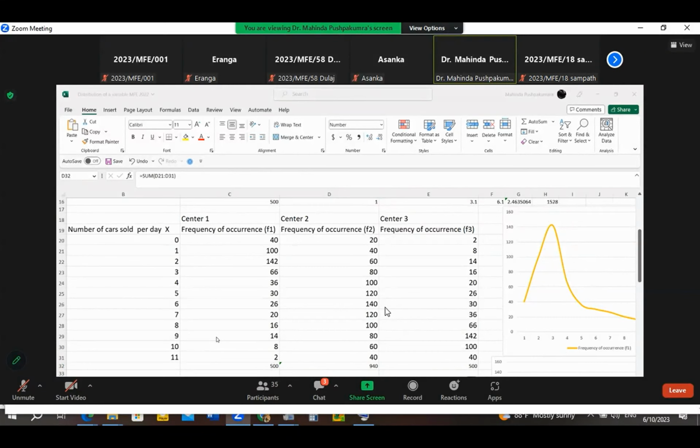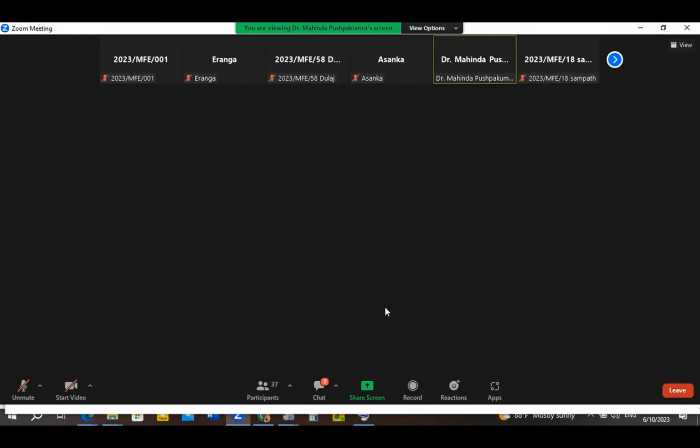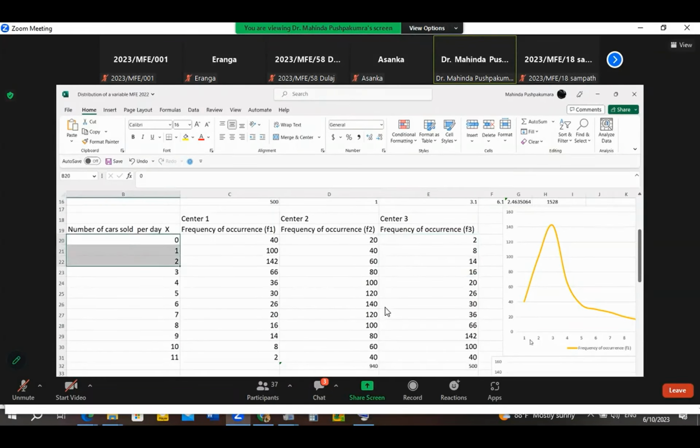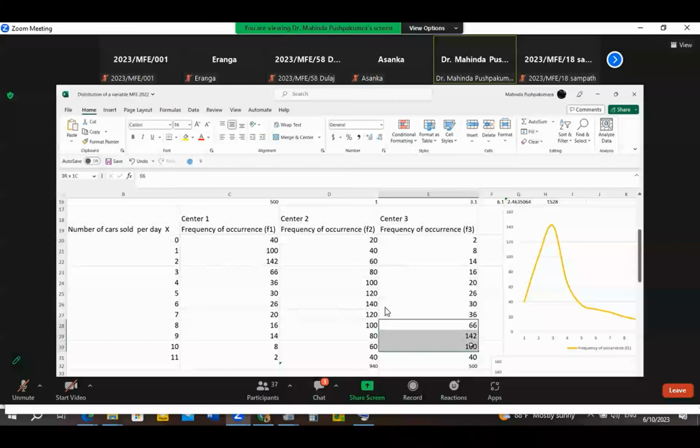Now if you take center 1, what is the situation in center 1? You can see there are more days with less sales. There are few days with high sales. And also if you take center 3, there are only few days with less sales and there are many days with high sales.